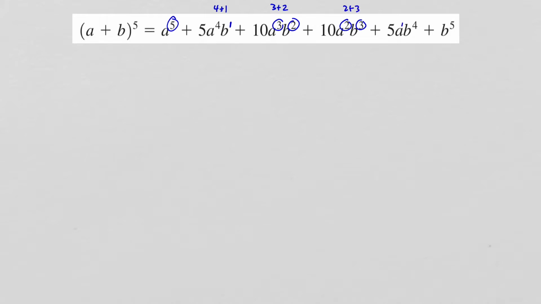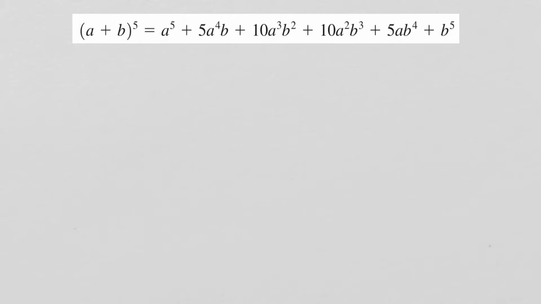For every single one of these, if you add the exponents together, you get 5. And that is because the original power here was a fifth power. So the power of a decreases every time, the power of b increases every time, and the power of a plus the power of b always has to equal the power that you started with here.